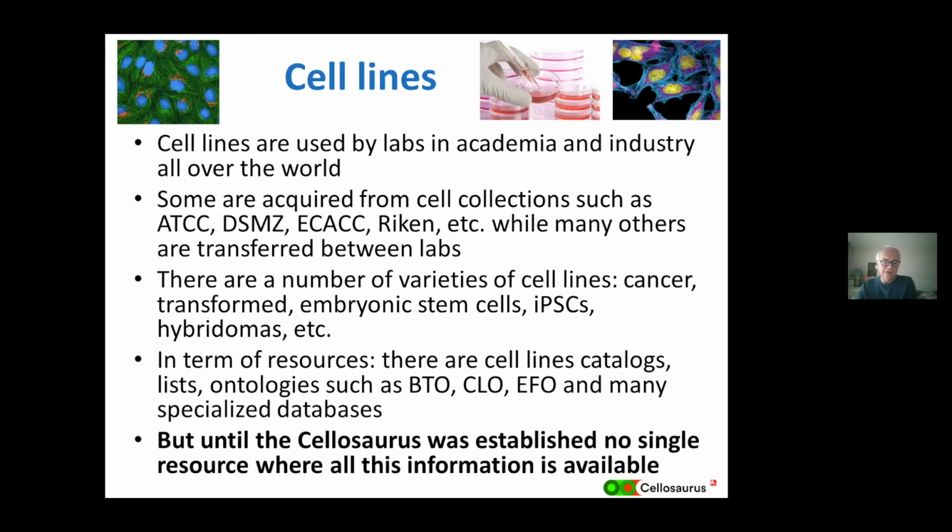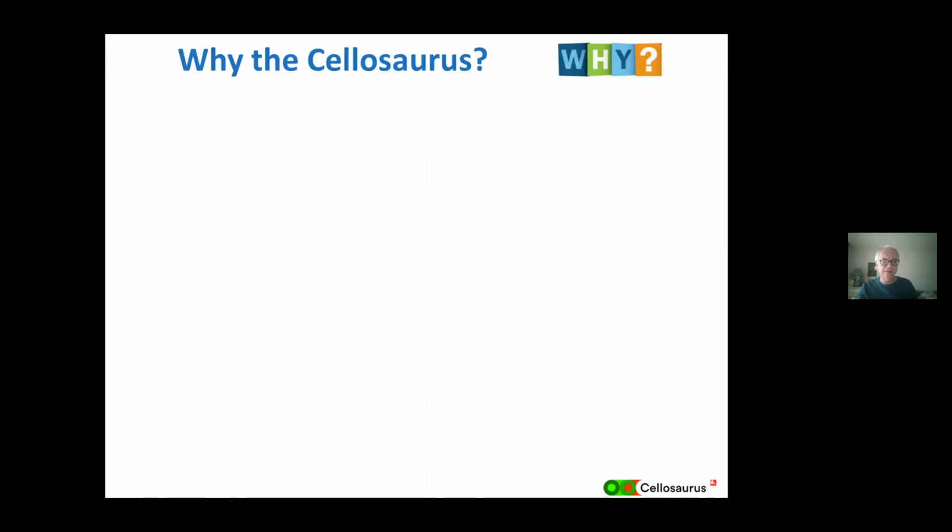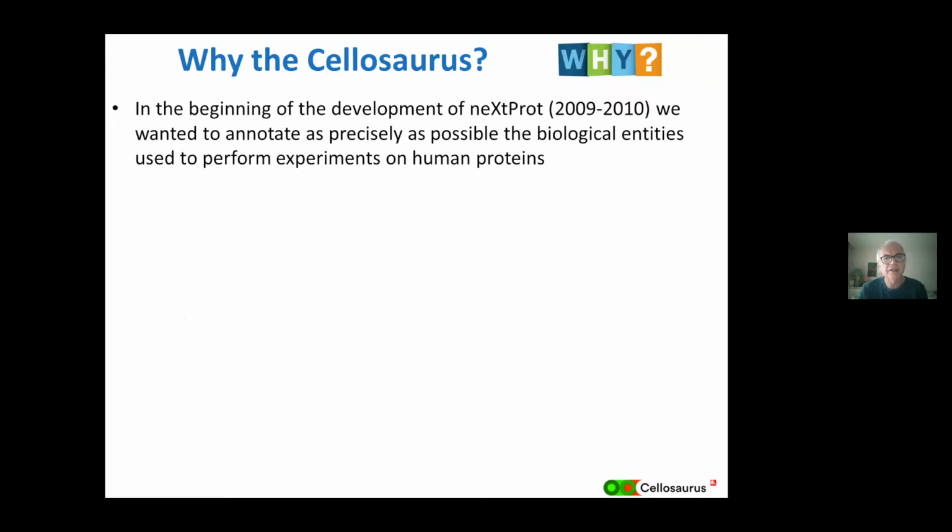Now, you could think that the Cellosaurus was created with a rational idea of creating such a resource, but it didn't really happen like this. It started during the early development of neXtProt, which Patricia alluded to a few minutes ago, a knowledge base on human proteins.